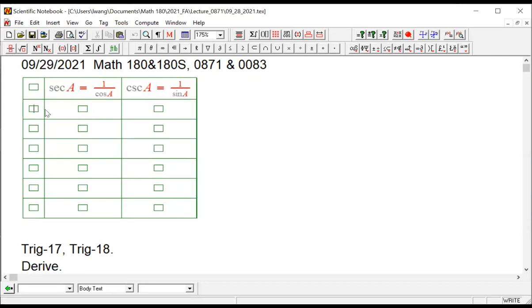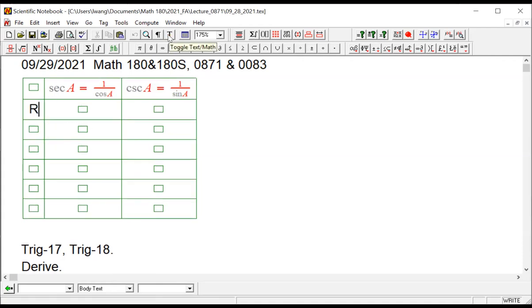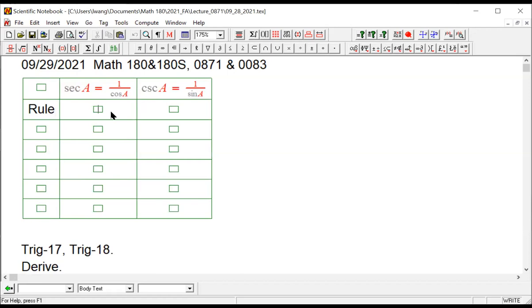From the rule to graph. The function as a rule, which you know the drill, I always type it that way. And this is a new rule.